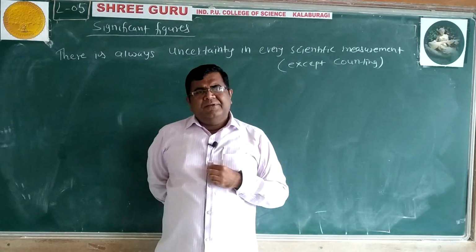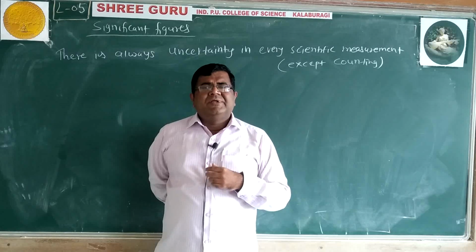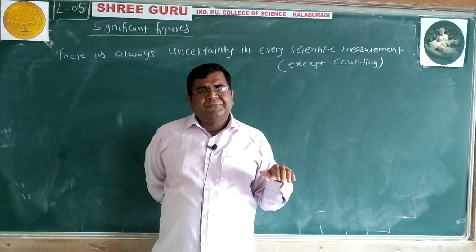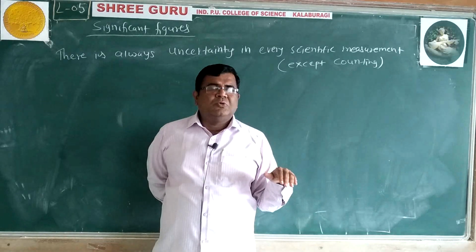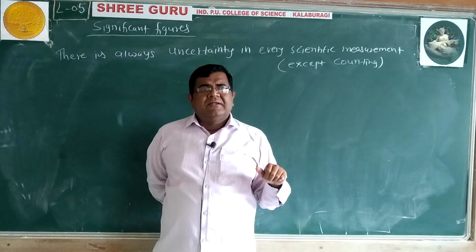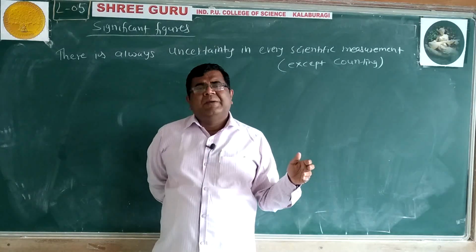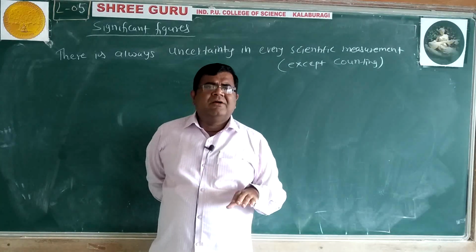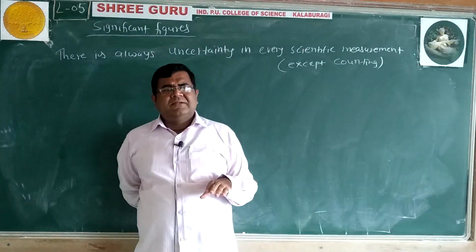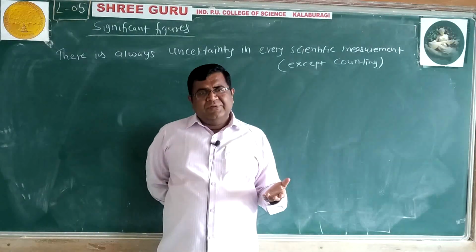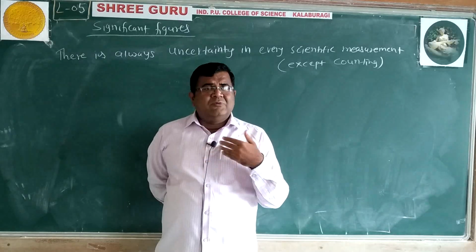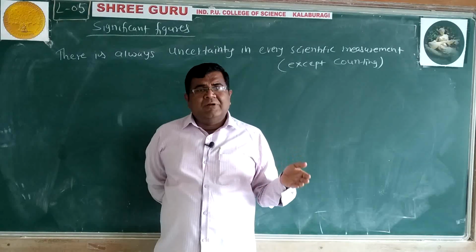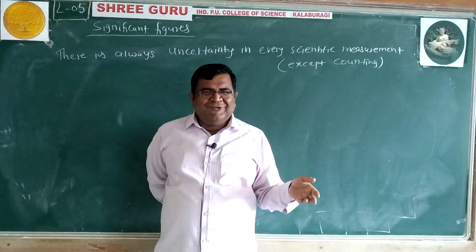For example, in this classroom, if some students are sitting here, and I have been asked to count those students, and I counted one by one, and if there happens to be 50 students, anybody can count those students and they will get the same result. It is not that I counted 50 students and some will count 49, or some will count 51, or 49.5 or 50.5.